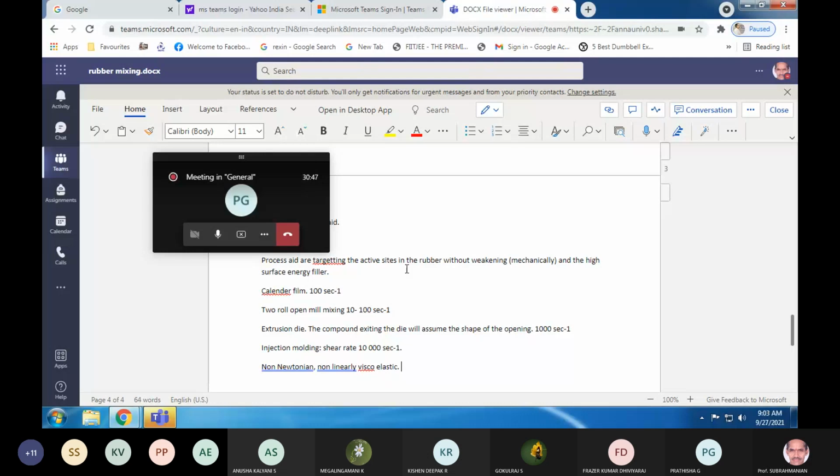Right. So the point here is how we incorporate the rubber compound design to process well.